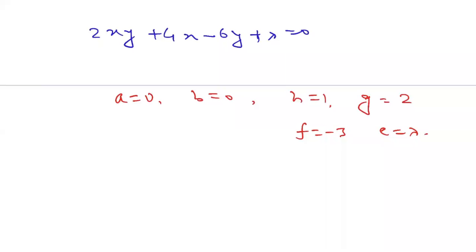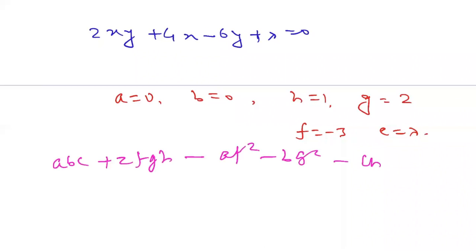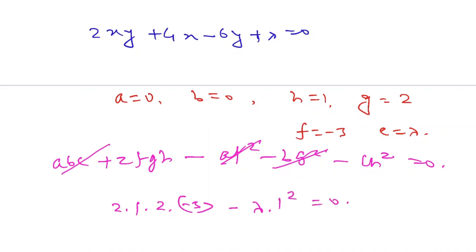We can put abc plus 2fgh minus af square minus bg square minus ch square is equal to 0. Since a and b are 0, this term and this term will be cancelled out, right? So only the term 2fgh remains: 2 into 1 into 2 into minus 3, minus af square, bg square cancel out, c is lambda, h is 1, is equal to 0.